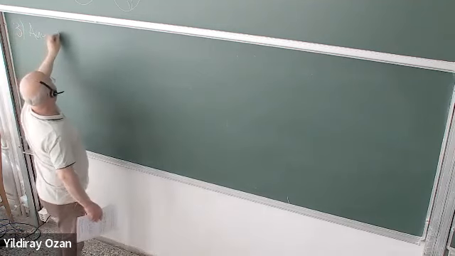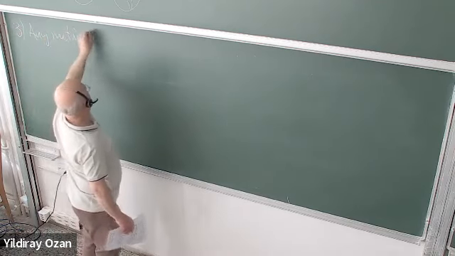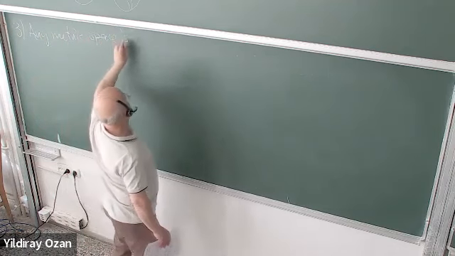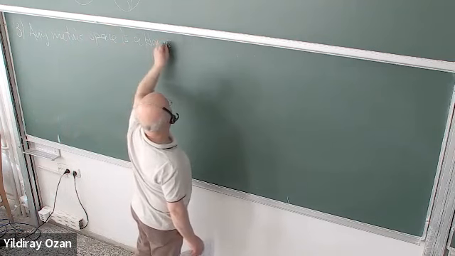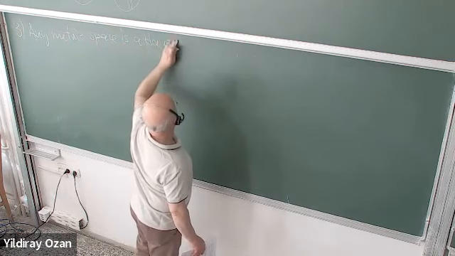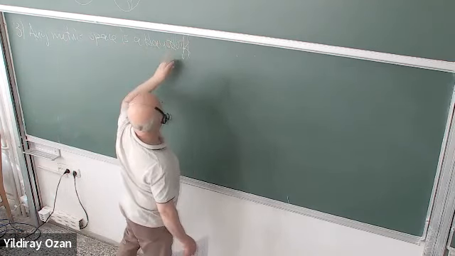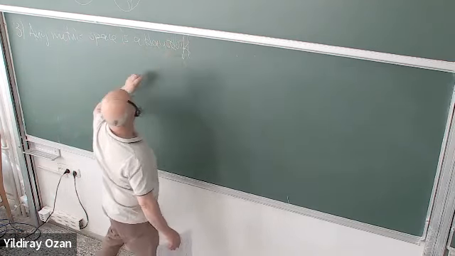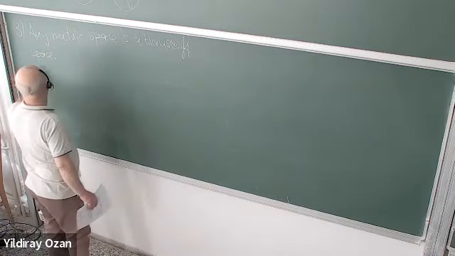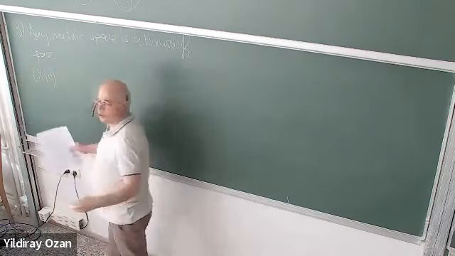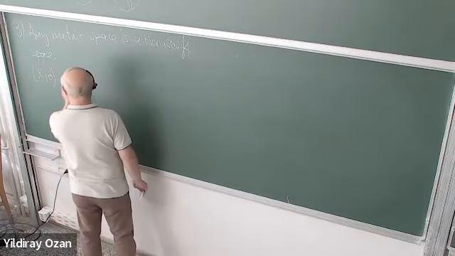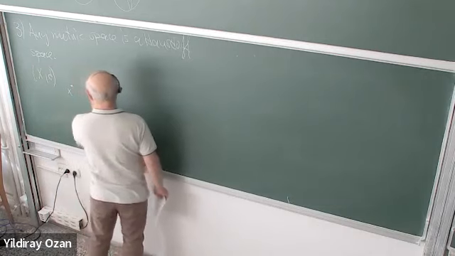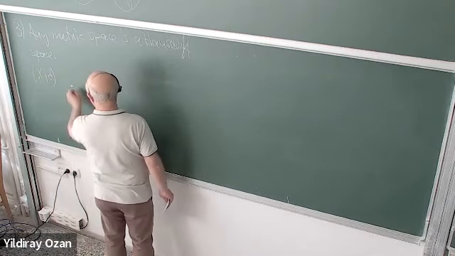Any metric space is Hausdorff, right? A metric space is of course a topological space. We know what the open sets are and so on. And why is it Hausdorff? Because of the following. If you have 2 points, you measure the distance between them.